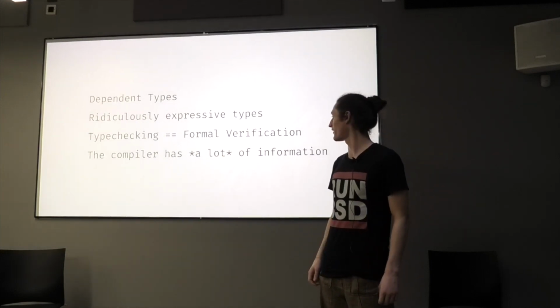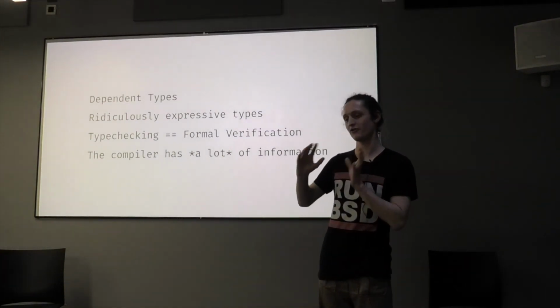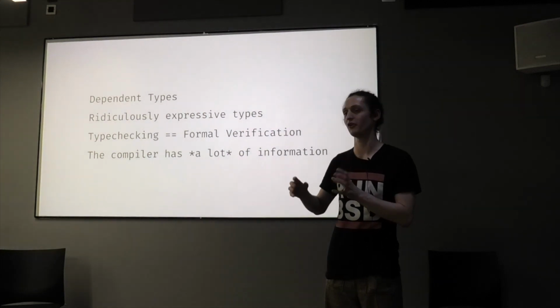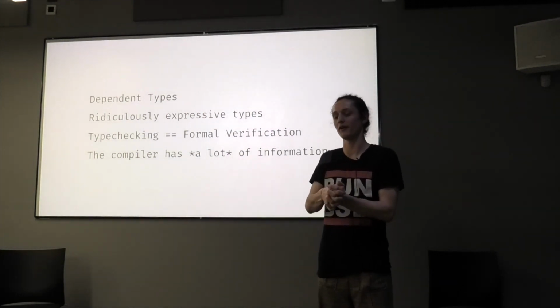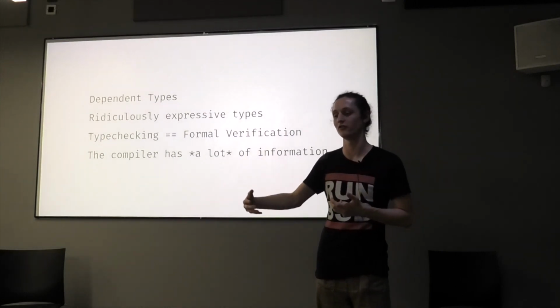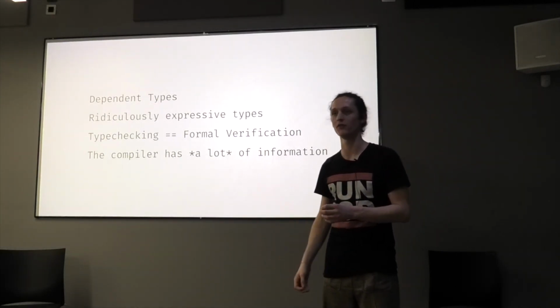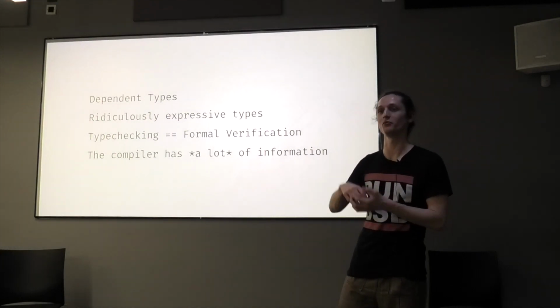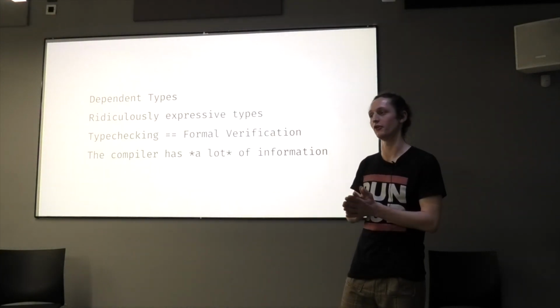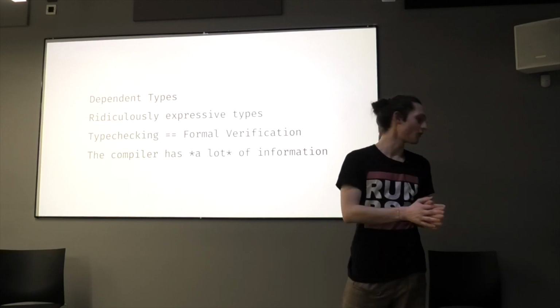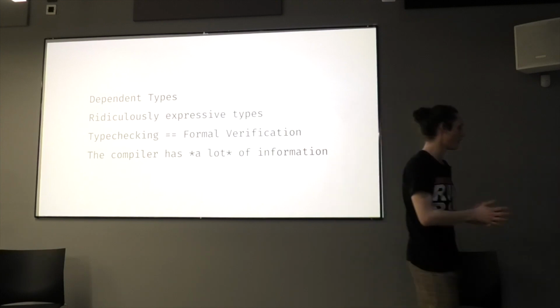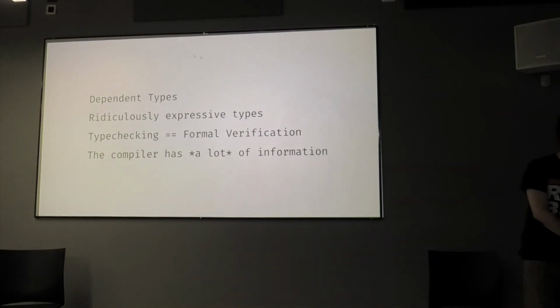So you end up with incredibly descriptive types. Whereas normally you might have a vector of integers, in a dependently typed system the size of that vector might also be a parameter that you specify. So you can express a lot more about the behavior of your program through the type system and have it checked for you by the compiler, which is very nifty.